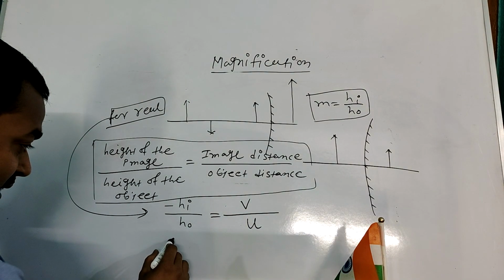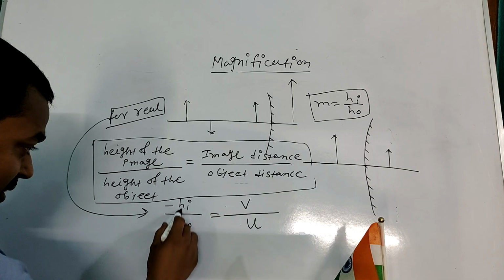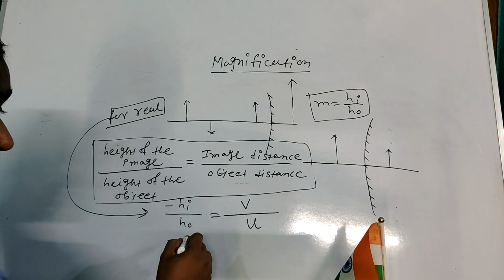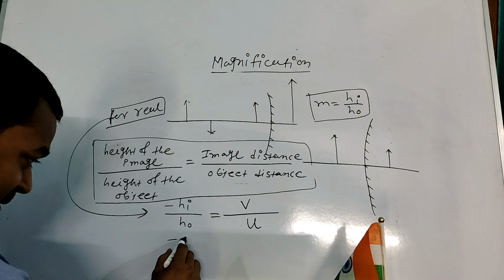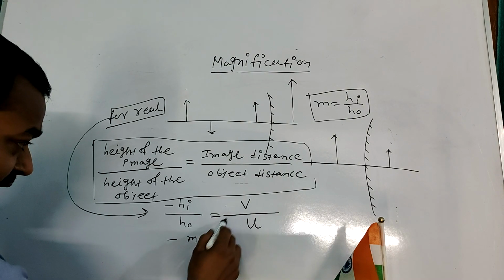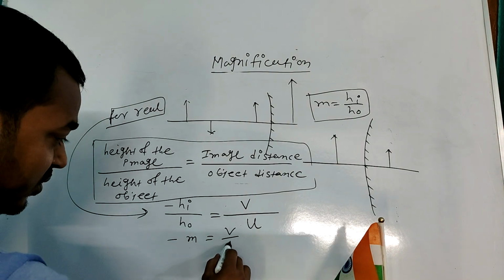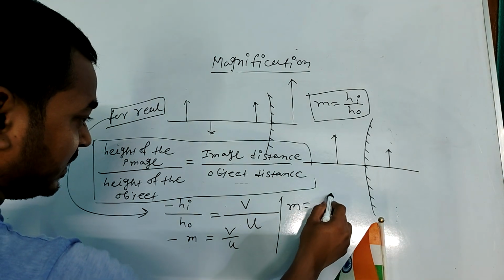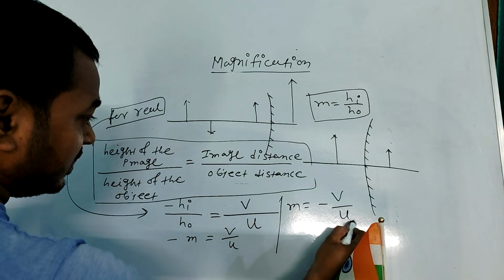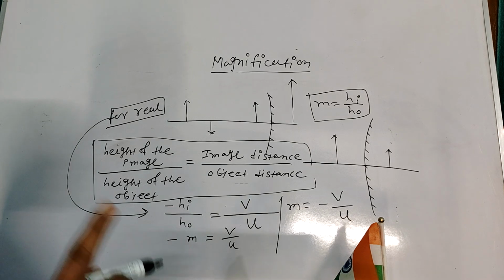So we are getting minus of height of the image by height of the object. It is magnification, and it can be written as V by U. So what is the value of M? M can be written as minus V by U.